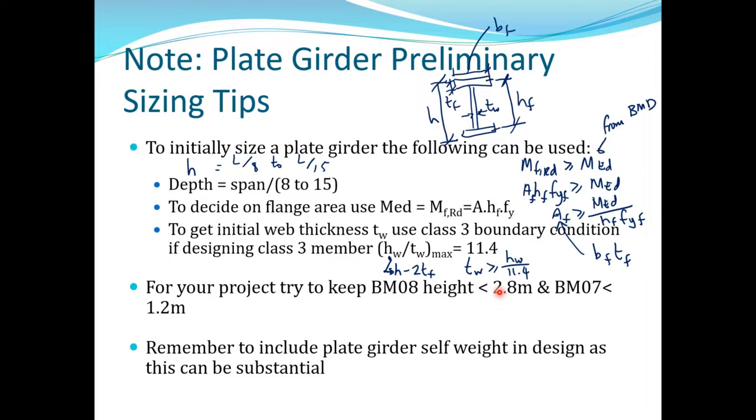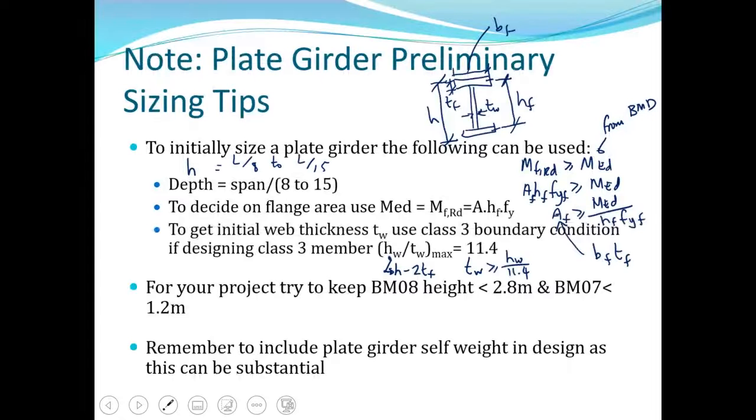And remember to use plate girder self-weight in the design, because that can be pretty heavy, so make sure you include that in your design in terms of loading onto your beam. Okay, so those are the tips for your initial design. So 3 steps there to get the sizes of different plates. We're aiming in this example that you're doing as part of your project to keep the overall height of the beam less than 2.8, or for the shorter span ones less than 1.2.